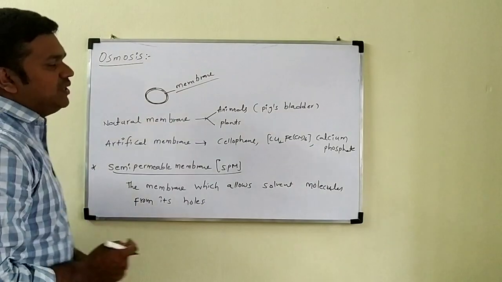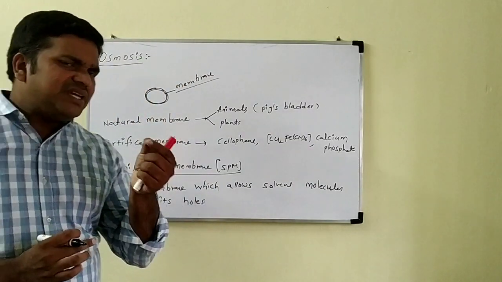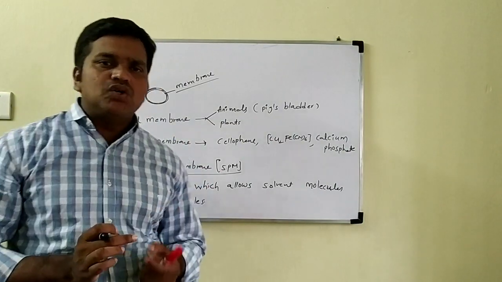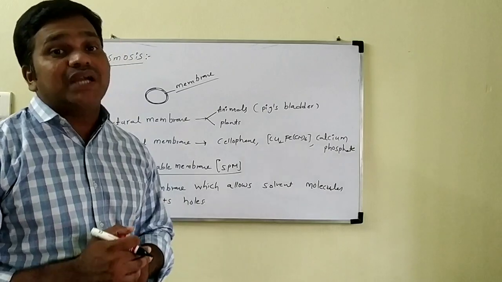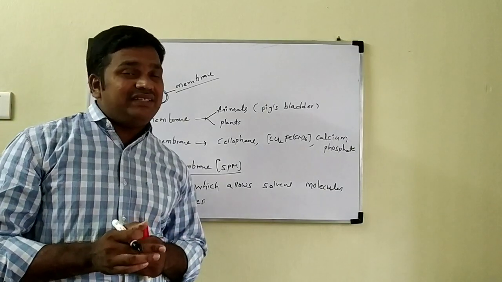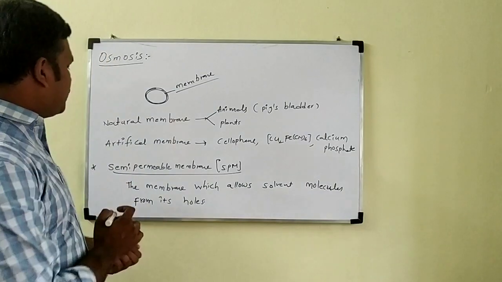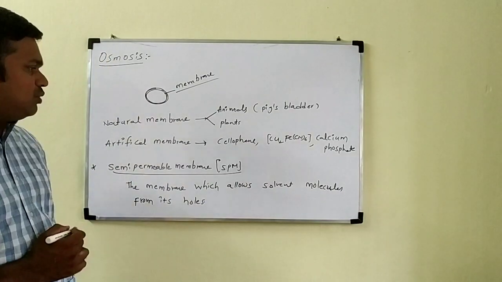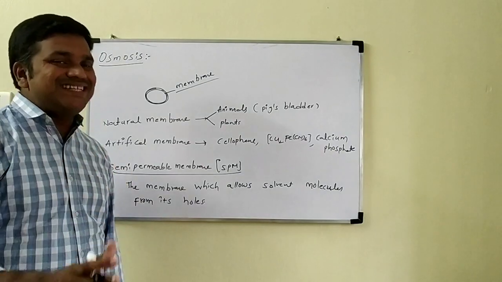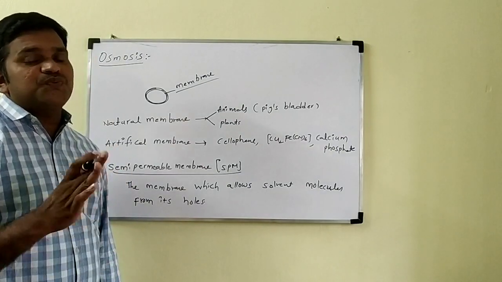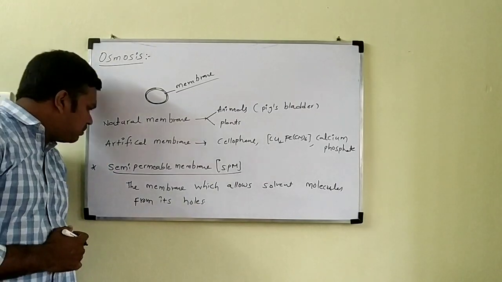Generally the membrane has some pores, or holes, which are very small in size, so they allow only solvent molecules. They do not allow solute molecules because the solvent molecules are very small compared to the solute particles. So a semi-permeable membrane is a membrane which allows solvent molecules through its holes but does not allow the passage of solute molecules.